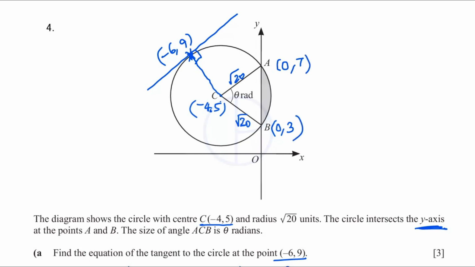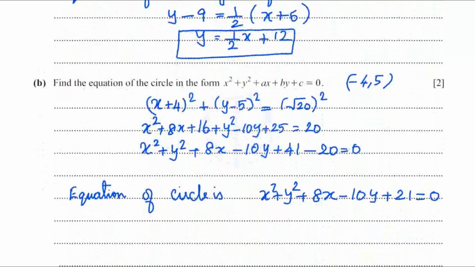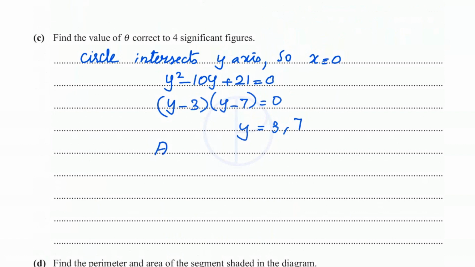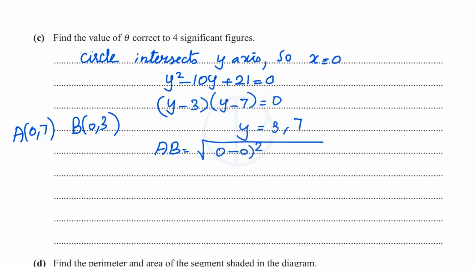Okay, let's find out the length of AB by using the coordinates of A and B. A is (0, 7) and B is (0, 3). (0 minus 0) the whole squared plus (7 minus 3) the whole squared, which is square root of 4 squared, which is 16.